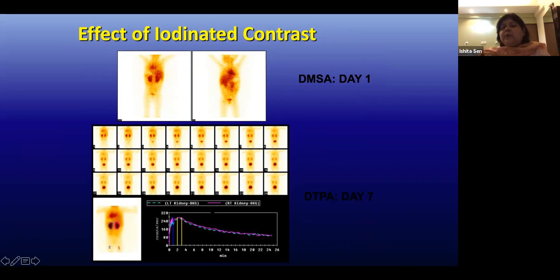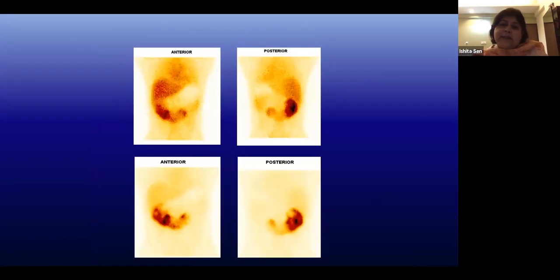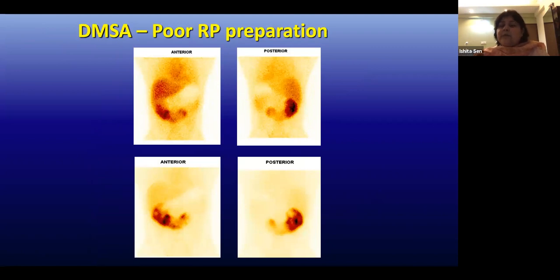So it's very important that no iodinated contrast or any nephrotoxic substance is given to the patient. This becomes very important, especially in patients who are undergoing donor evaluation. They have to have a CT angiography and a DTPA scan, so it's important to schedule it like that. You have the DTPA first and then the CT angiography, so that your exposure to contrast happens after the DTPA scan, right?